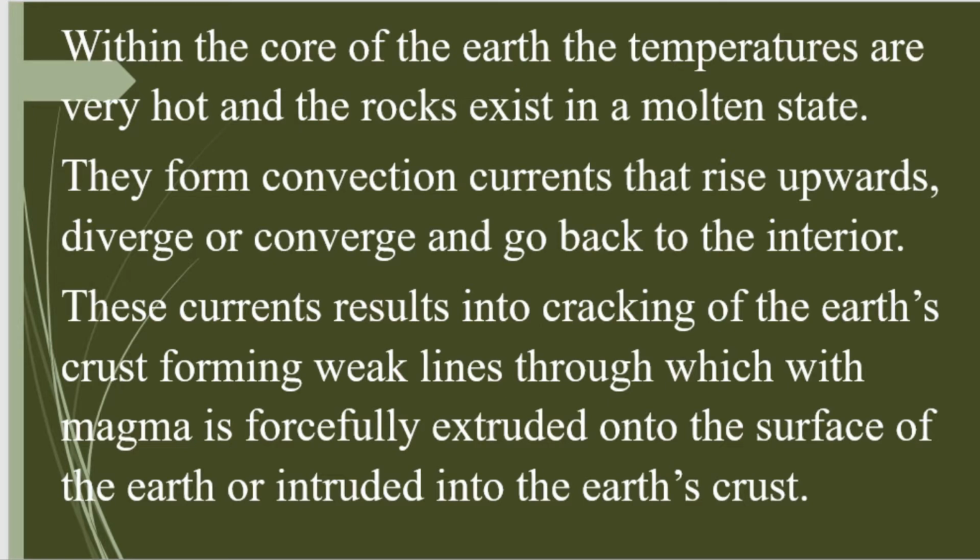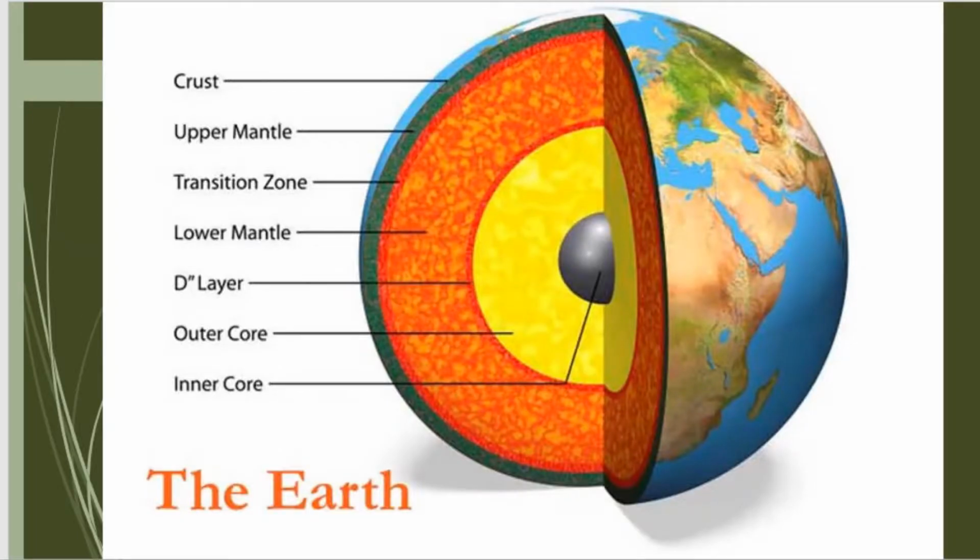is comprised of different parts. We have the inner core, then the outer core, and then the mantle. Let me talk about those three. The inner core is an area of very high temperatures, comprised of heavy rocks whose melting point is very high, so they are solid.